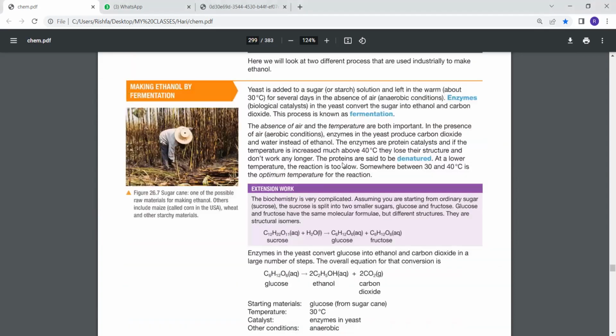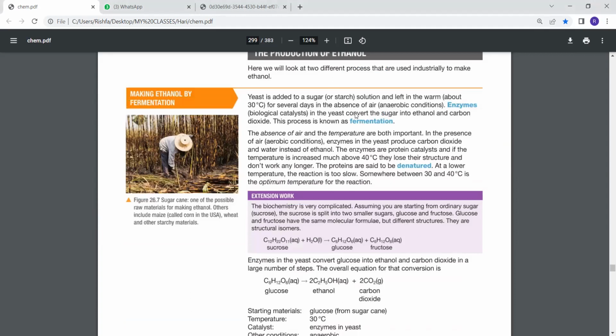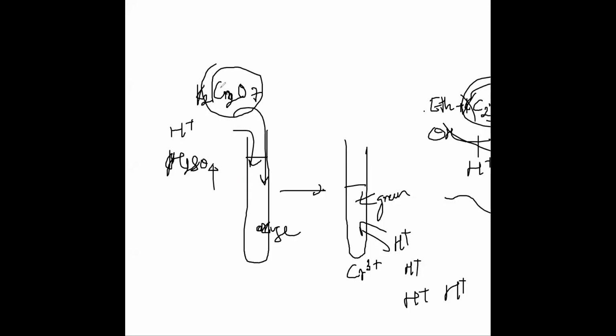Next, put the subtopic fermentation. Write this and then I'll explain. What is fermentation?